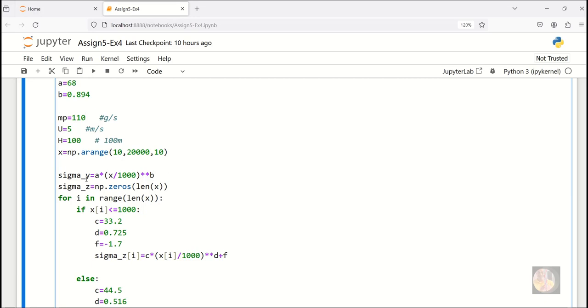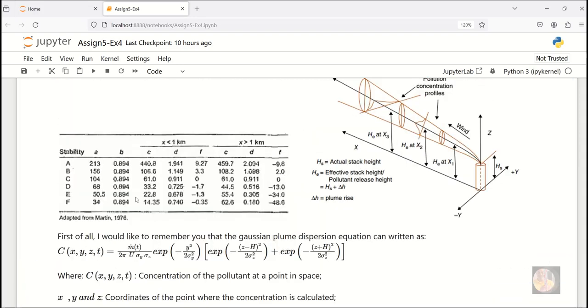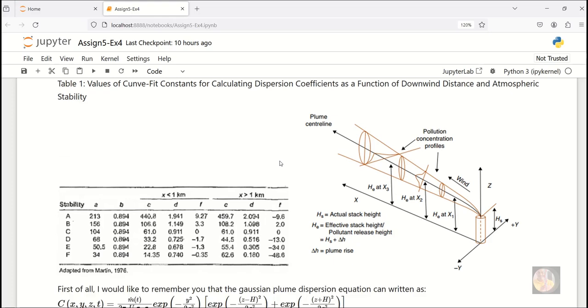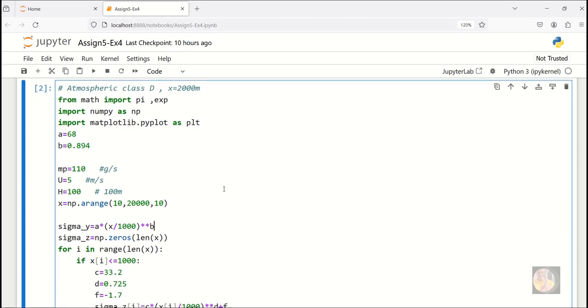For sigma y, the exercise mentions that x should be in kilometers. So x is in kilometers and the results sigma y and sigma z are in meters. Otherwise you will have a wrong result. So that's why I'm dividing here in sigma y.